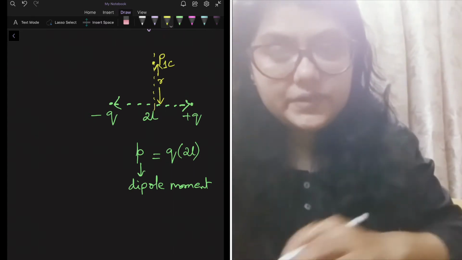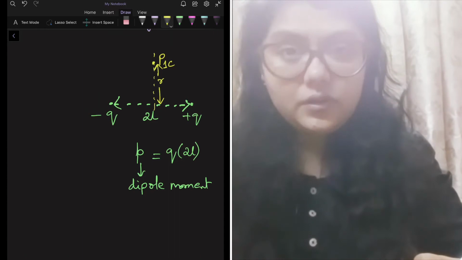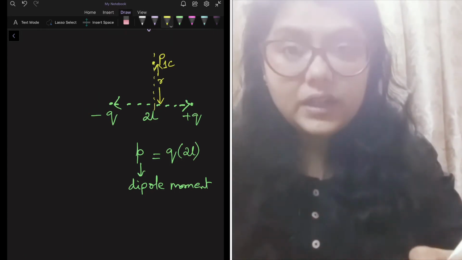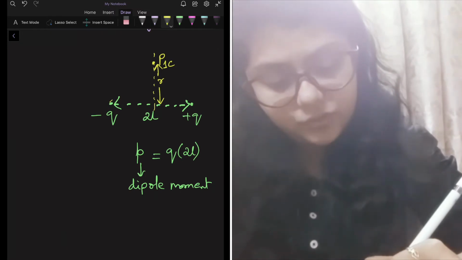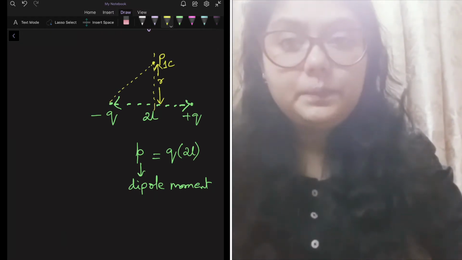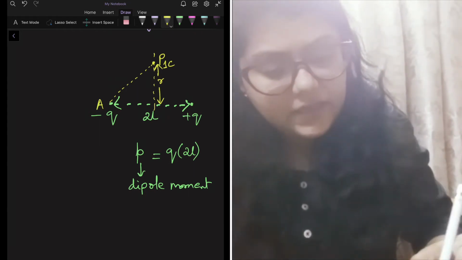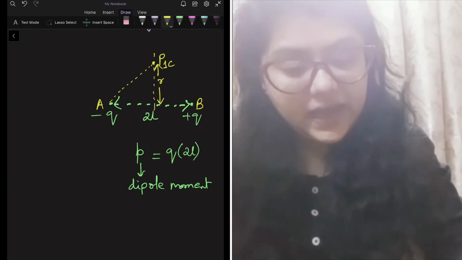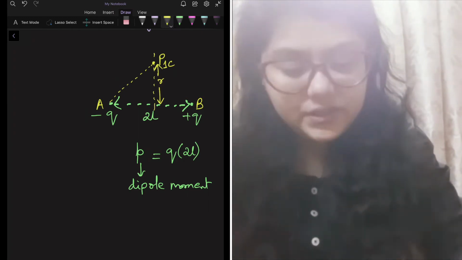So how will you proceed? See here, we know according to Coulomb's law that the force on this 1 coulomb charge due to minus Q will be directed along this line joining minus Q and P. Let me call this dipole AB. So this force is directed along AB and it is going to be attractive in nature.